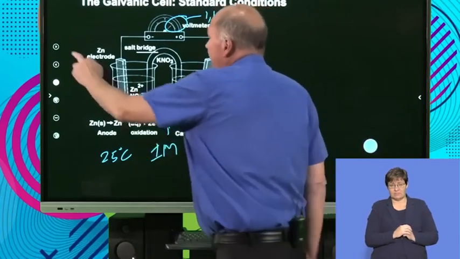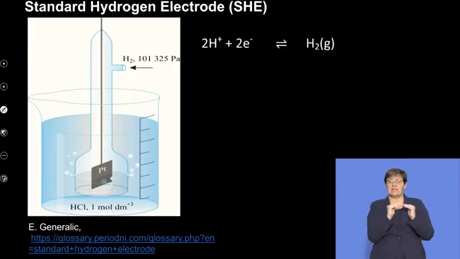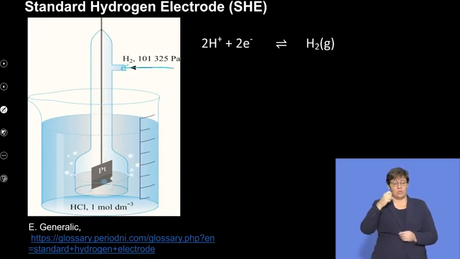Right, now let's go and look at our famous standard hydrogen electrode. Now, this hydrogen electrode, as you can see, has hydrogen coming in over here. Notice that I called it kilopascals because I divided by 100, but in fact it's 101,325 pascals, same sort of thing. And it's hydrogen gas that's going in there.